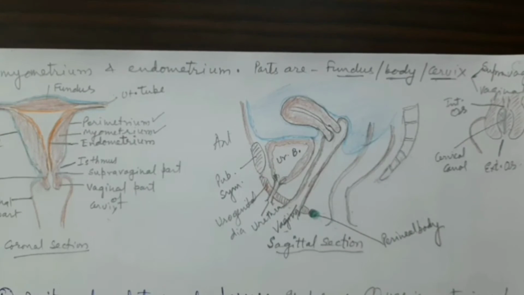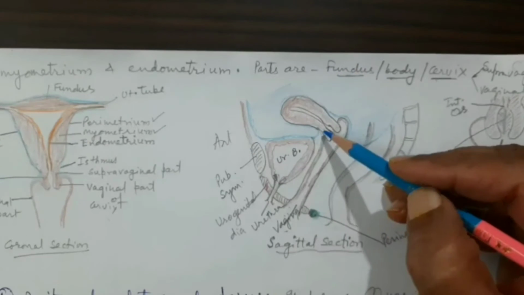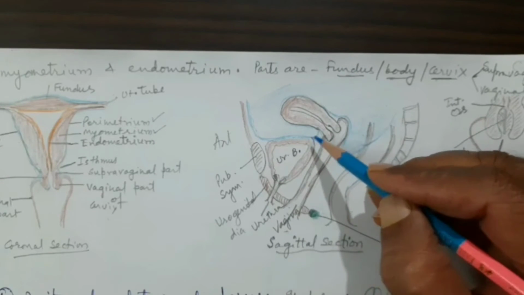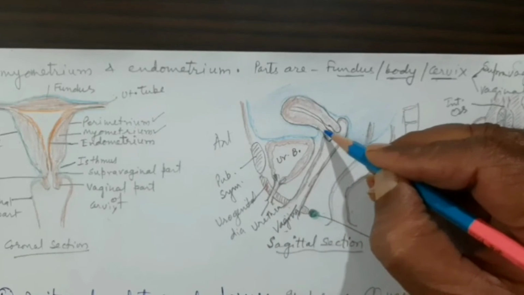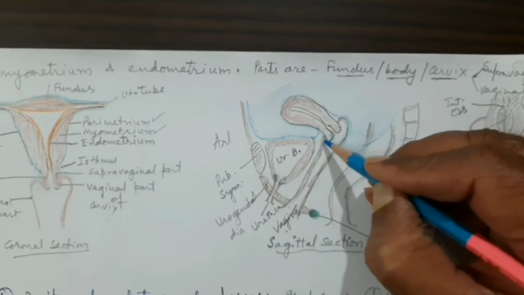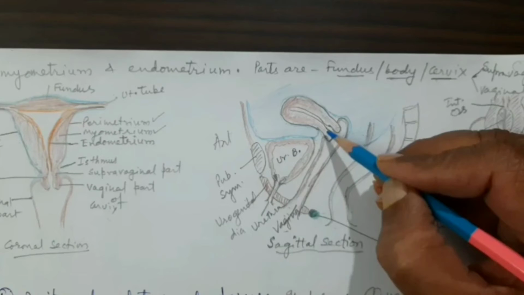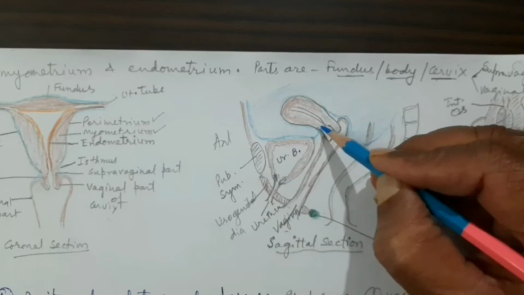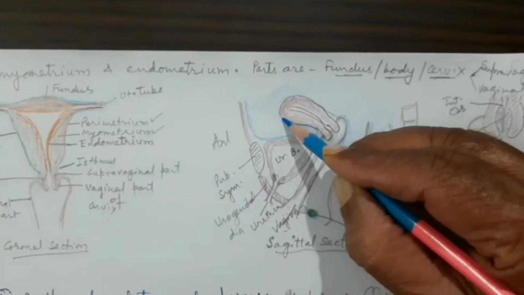So I was telling you about the reflection of this peritoneum after covering the superior surface of the urinary bladder. It will jump from the superior surface directly to the anterior surface of the uterus.